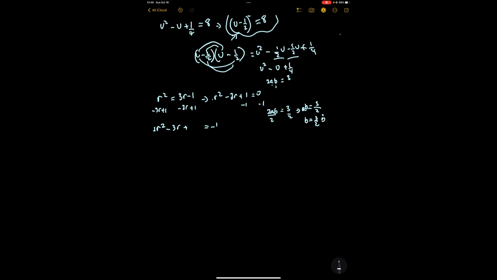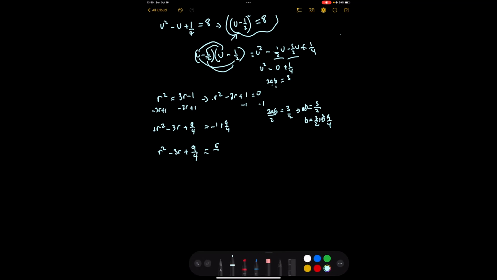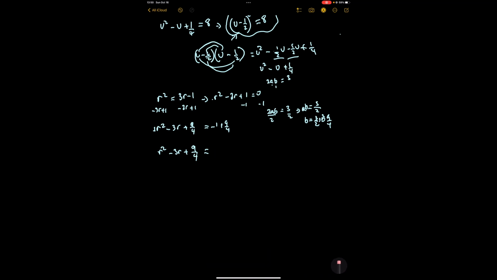So b squared is equal to what? 9/4. So that would be equal to 9/4 on both sides. So we would have r squared minus 3r plus 9/4 equals 5/4.